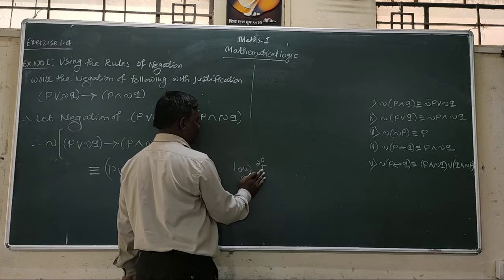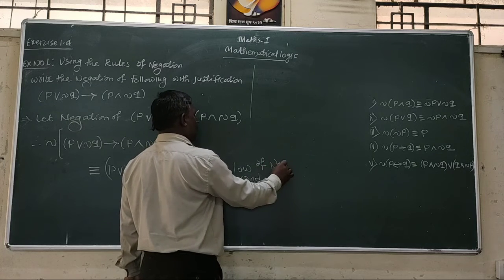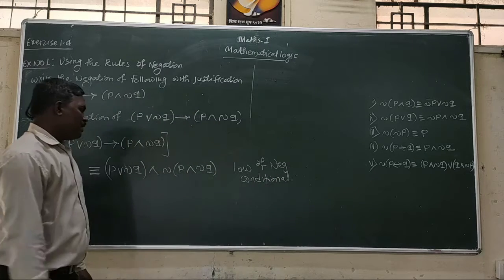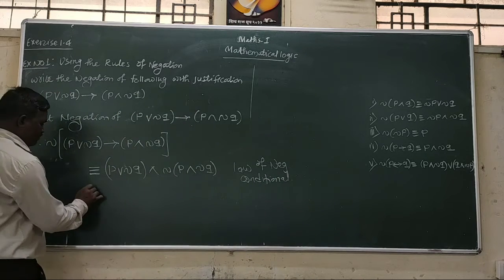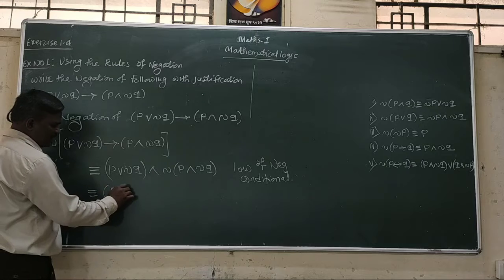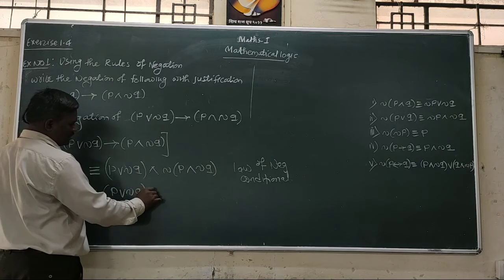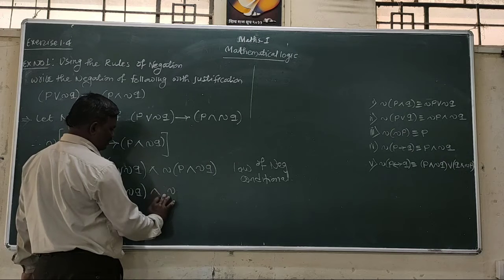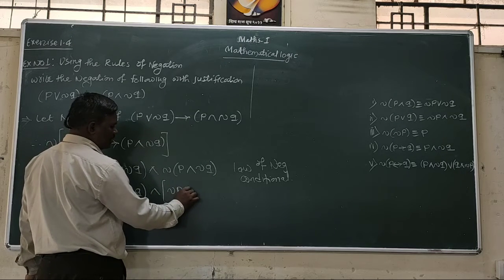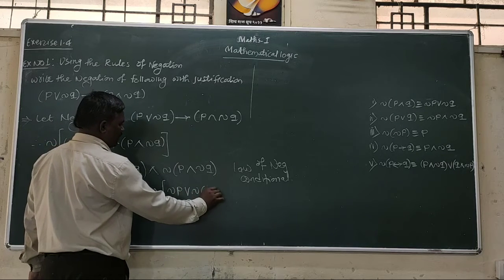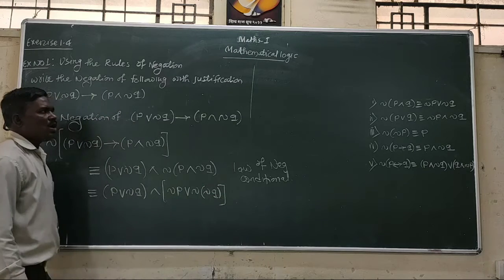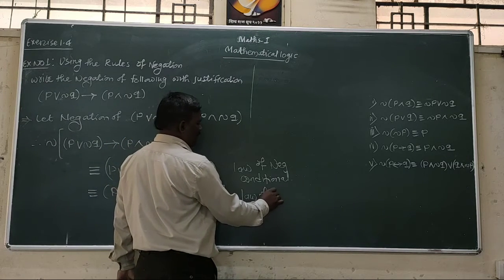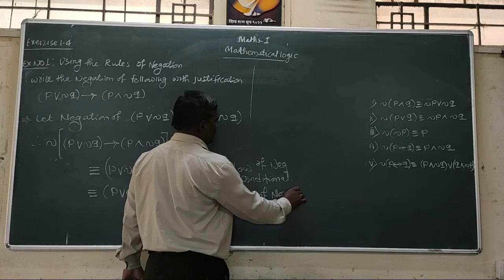law of negation of conditional statement. Okay. Therefore, which is also equivalent to P disjunction negation of Q conjunction negation of this bracket. It becomes negation of P disjunction negation of negation Q, using the first law, the law of negation of conjunction.